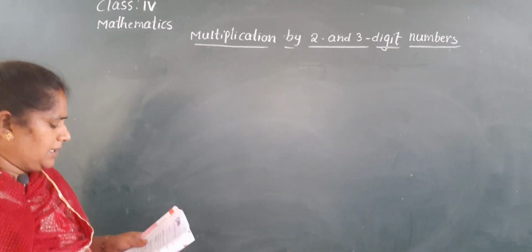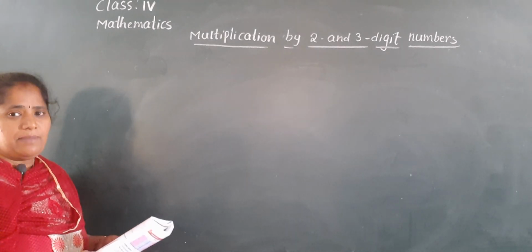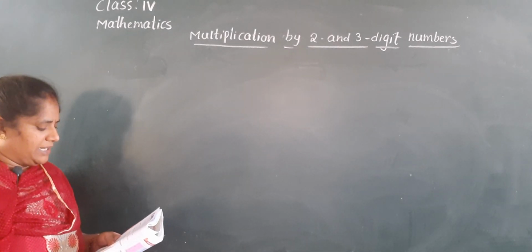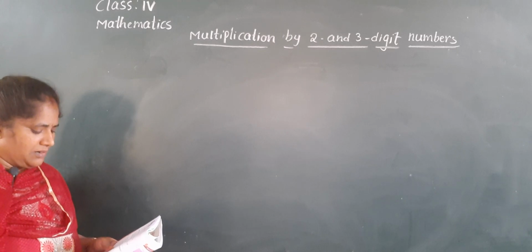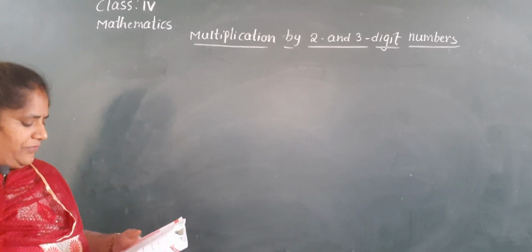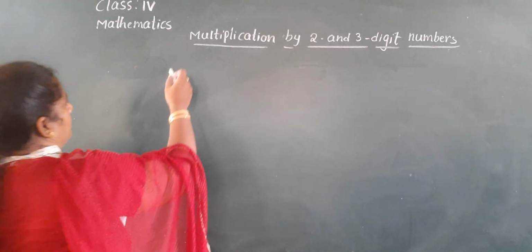So let us now learn how large numbers can be multiplied by 2 and 3 digit numbers using different methods of multiplication. Okay, ma? First I will explain.